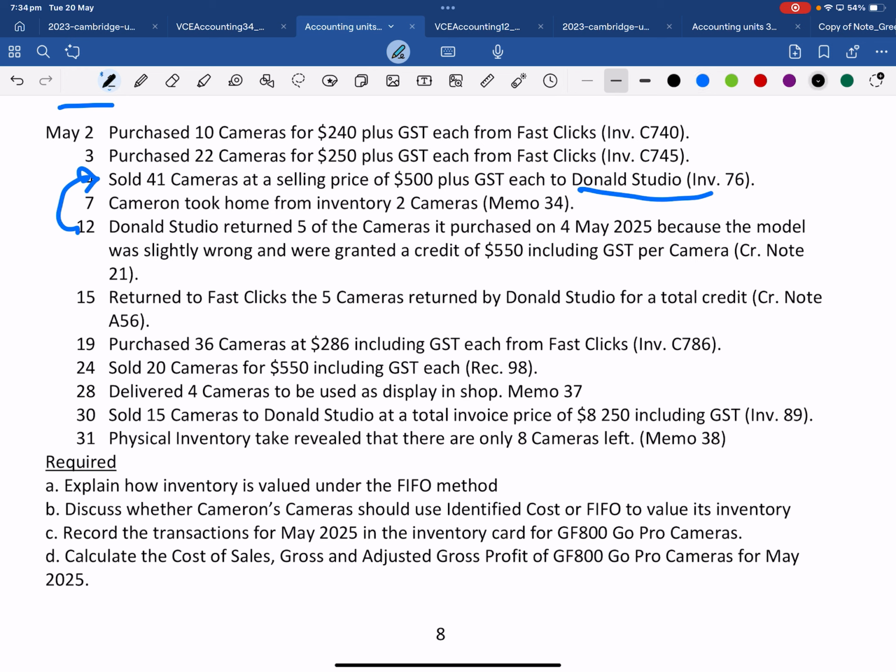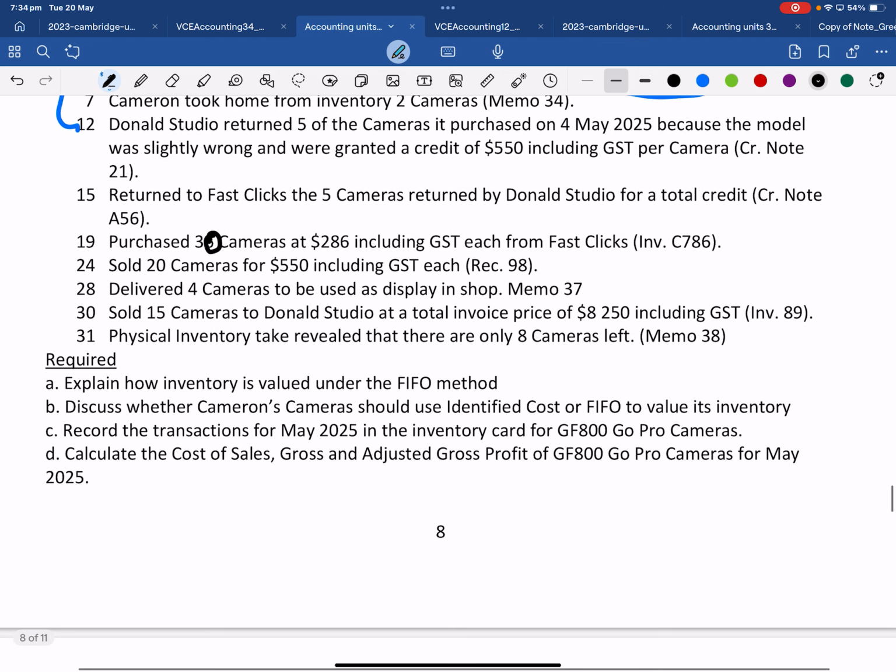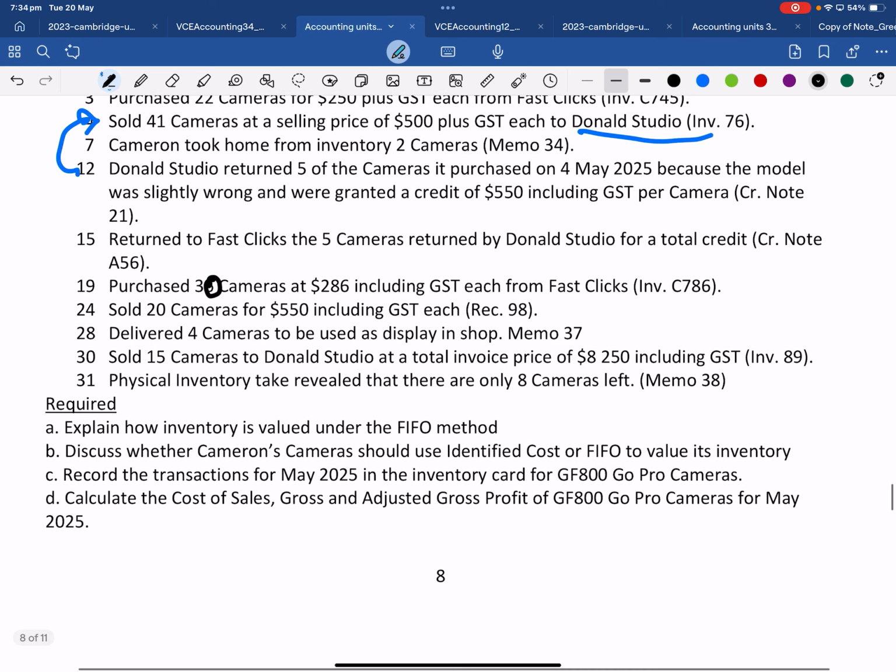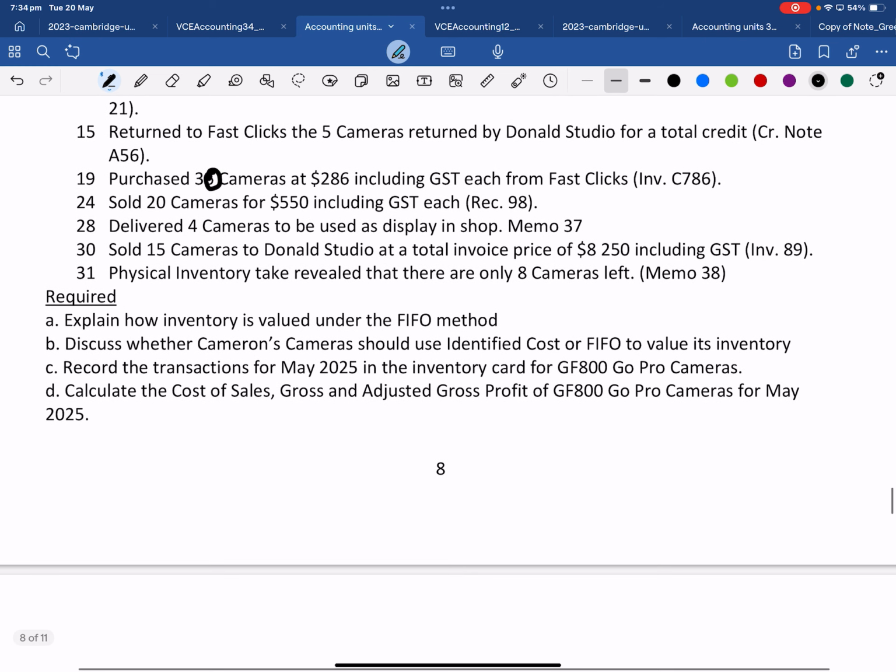Please make it 30. Purchase 30 cameras at 286. Why? I'll tell you why. Alright? Make it 30. Yeah, it's a typo. I did some changes and somehow it hasn't been updated.